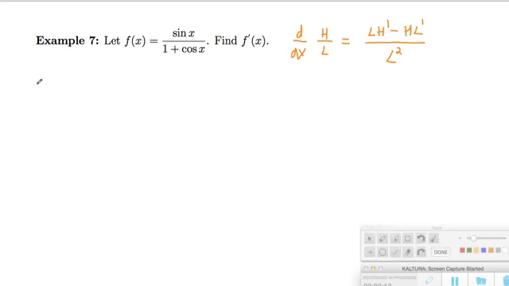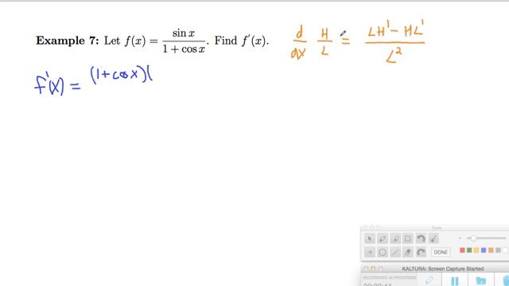So our original function, sine x over 1 plus cosine x, if we're looking for its derivative, it's f prime. Using the quotient rule, we're going to treat 1 plus cosine x like our low function, the one on the bottom. The formula tells us to leave it alone initially.